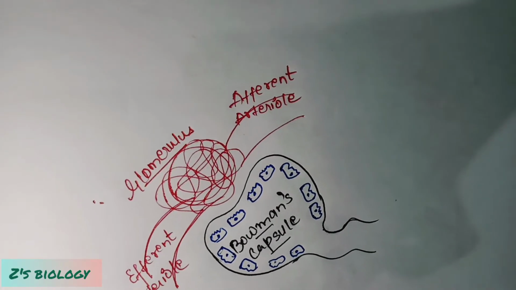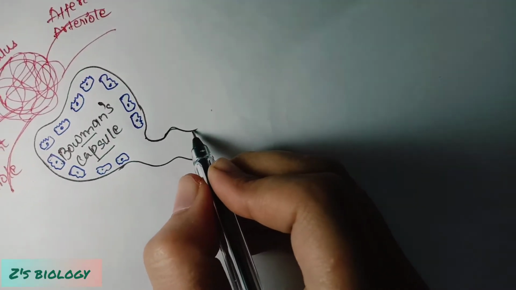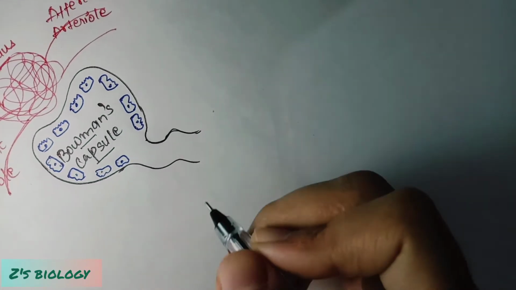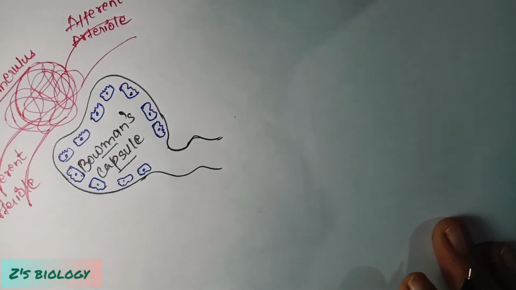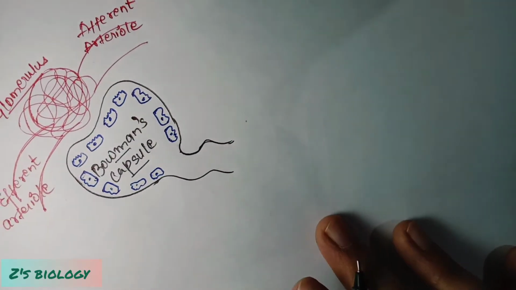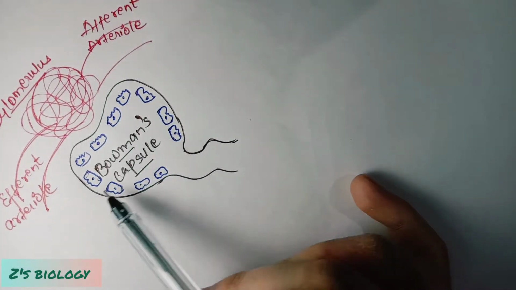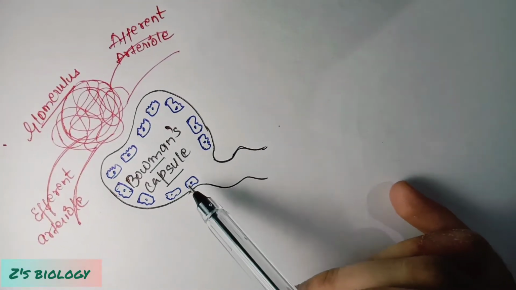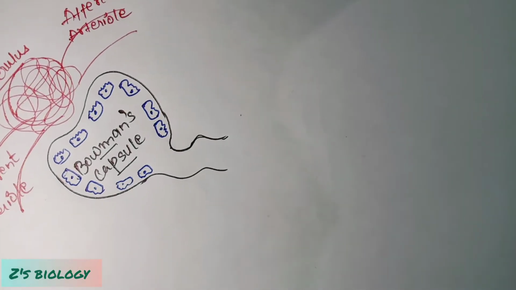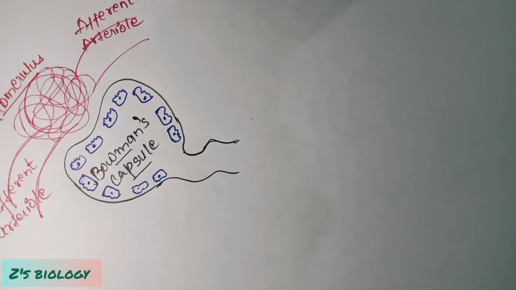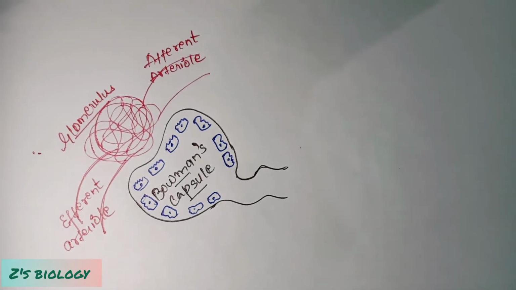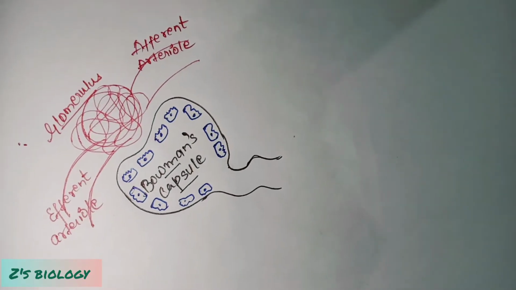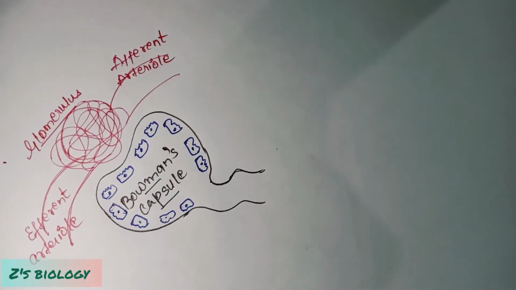There is an important landmark which nature has provided in these epithelial cells. These are not normal epithelial cells, they have a special feature, that is, they have pedicles. So these epithelial cells with pedicles are known as podocytes.